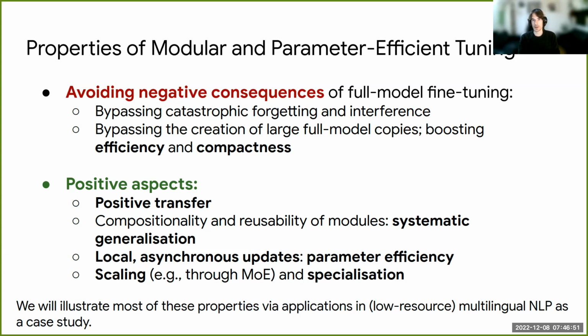Another important aspect of modular design is compositionality and reusability, which is something that we already touched on in this tutorial, and which leads to systematic generalization. What it means is basically that we can create modules to cover tasks X and Y, and even without ever seeing how X and Y are dealt with in combination, we can combine dedicated modules and generalize towards performing X and Y at the same time.